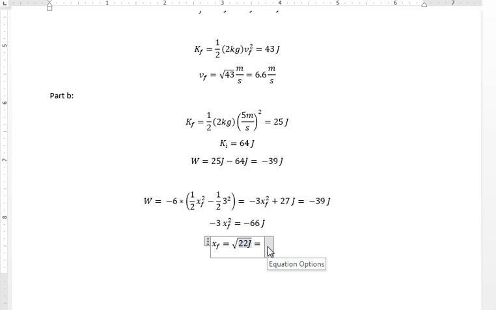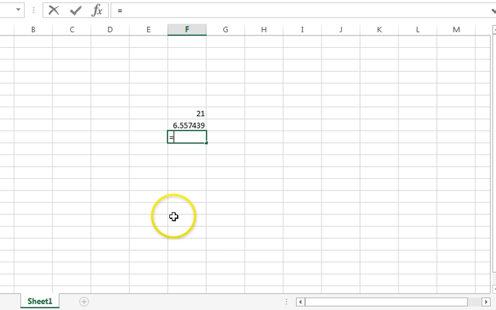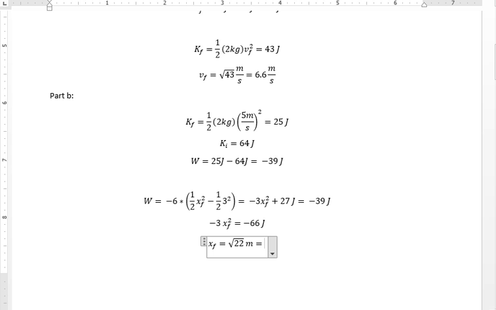Working all the units out, this is going to end up being in meters. Okay, square root of 22 meters. The square root of 22 gives us 4.69, or 4.7 meters. All right, so x final is 4.7 meters.